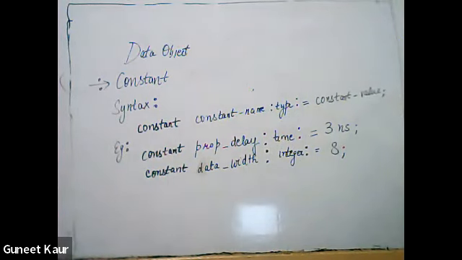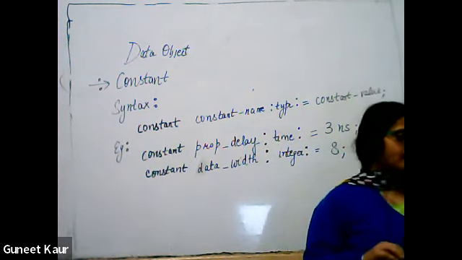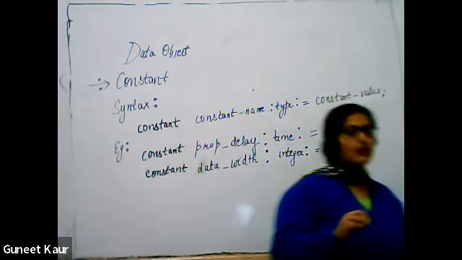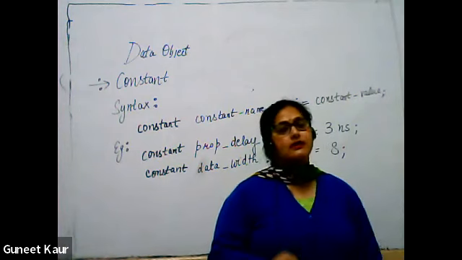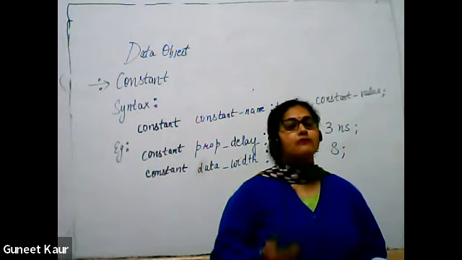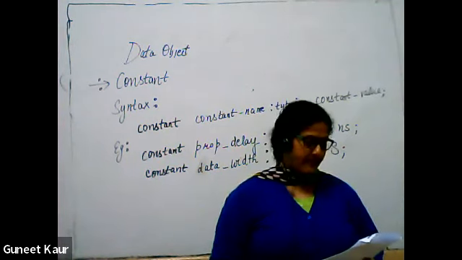And when it is declared in the entity part, then it will be declared after the port declaration. In the entity, we have to declare the port information also, but the constant should be declared after the port declaration in the case of your entity.